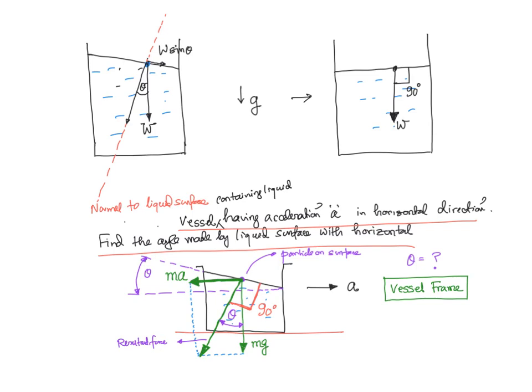That is quite obvious, and we know tan theta is equal to ma by mg from the vector diagram, so it's a by g. So the liquid will make an angle theta equal to tan inverse of a by g with the horizontal direction.